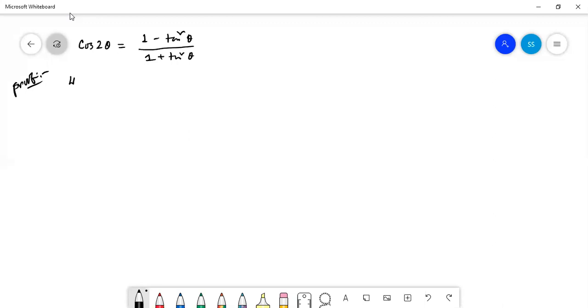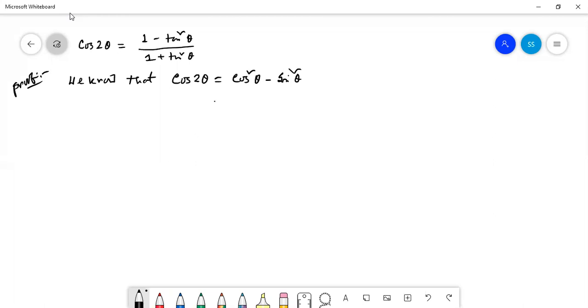We know that cos of 2 theta equals cos square theta minus sin square theta, right?